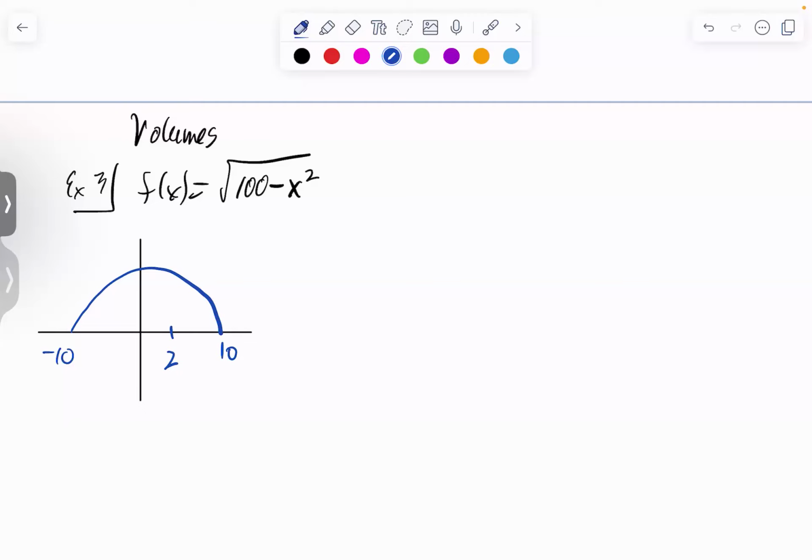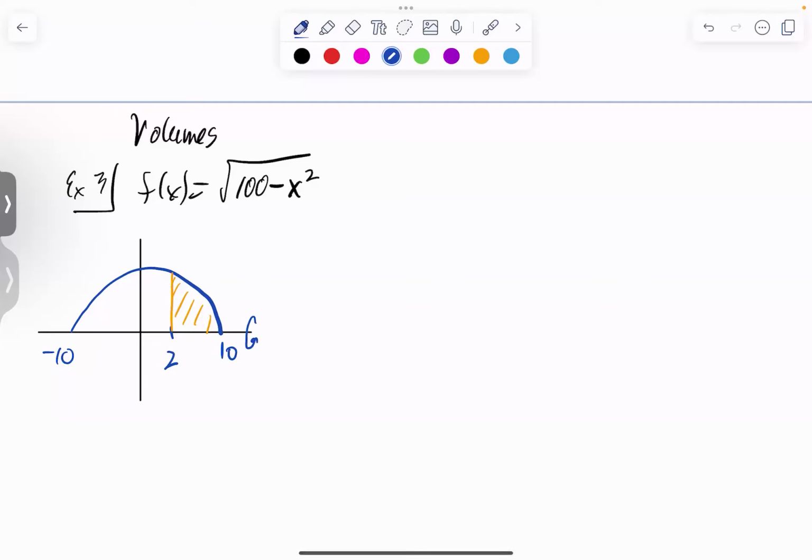So our area of interest that we're rotating is there. And we are going around the x-axis. So we're whipping around the x-axis.